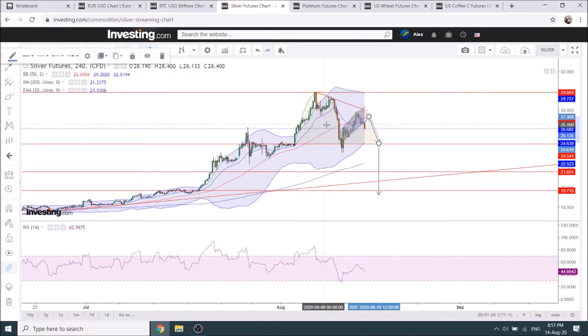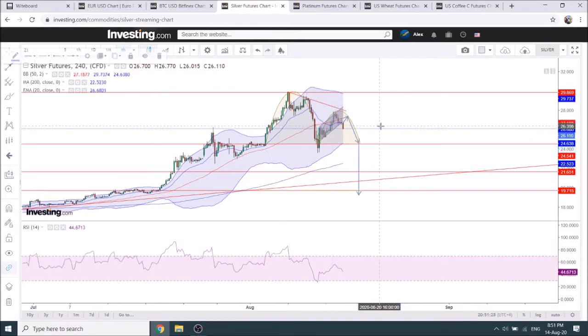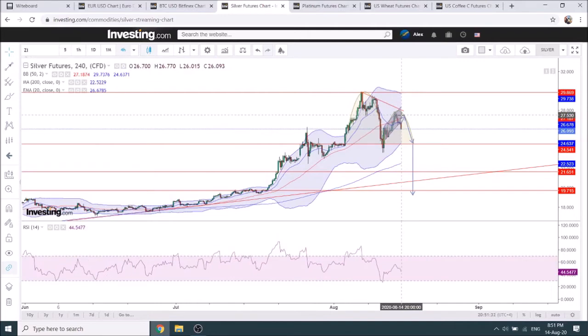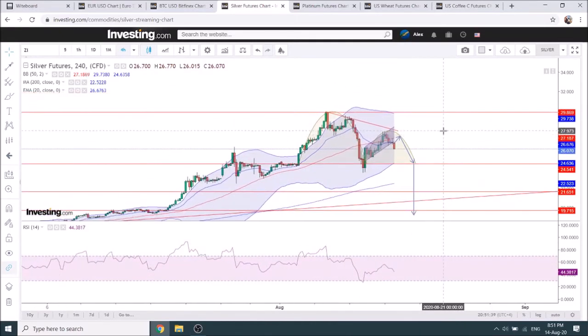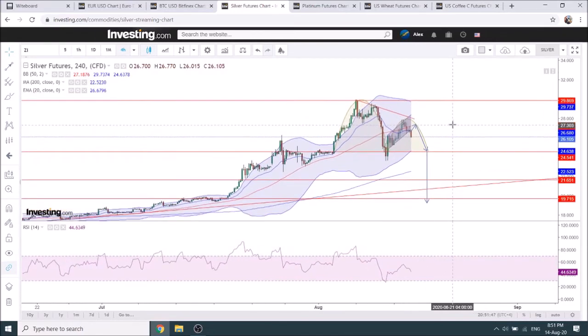Of course, there's a short position that could be taken, but keeping in mind that this is an uptrend, so there's always the risk of the uptrend to resume. So a short position could be attempted from here with the stop loss at 28, but honestly I believe this is very risky, and I'd rather wait for a clear entry point going long on silver rather than trying to short it.